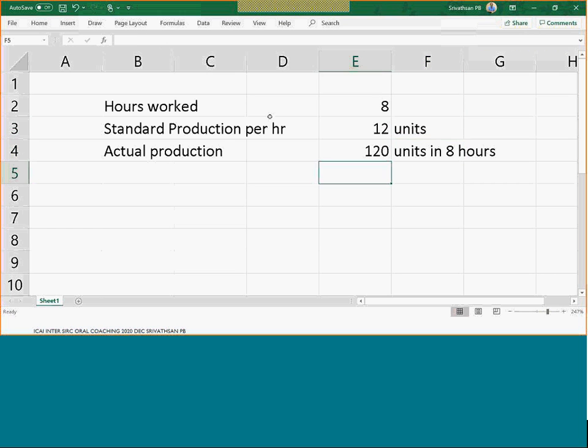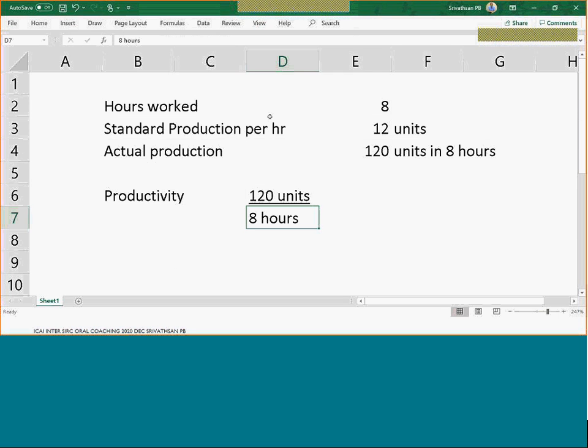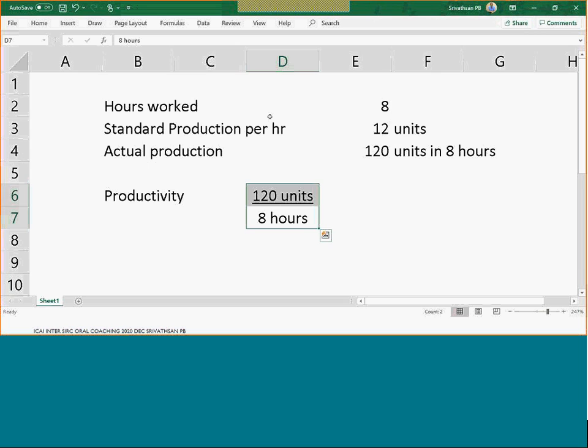So 100 units divided by 8 hours, this is my productivity.